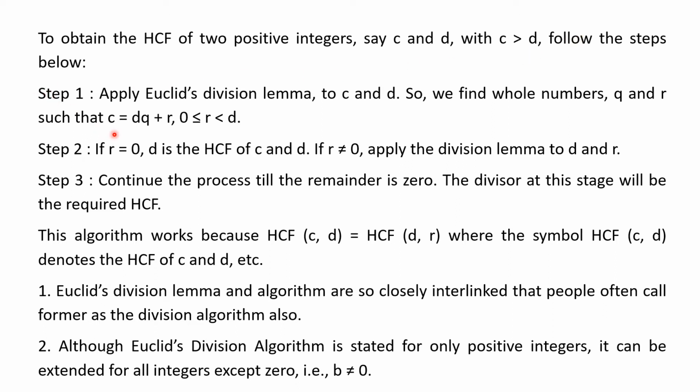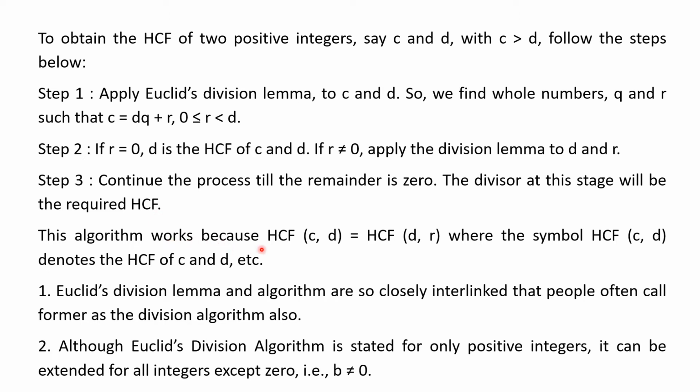We write C equal to DQ plus R. Now we take D and R. If R equal to 0, then D is the HCF of C and D. If R is not equal to 0, then apply the division lemma to D and R. Continue the process till the remainder is 0. The divisor at this stage will be the required HCF.